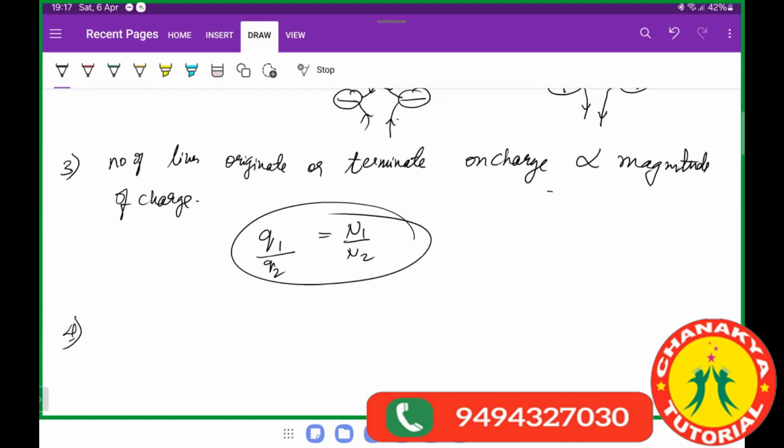We cannot have two directions at the same point. The same we can write here: two electric field lines can never intersect.